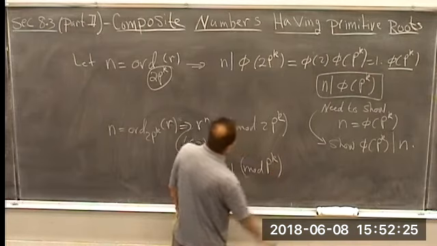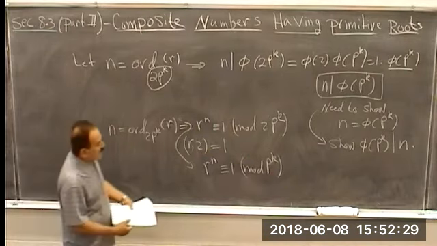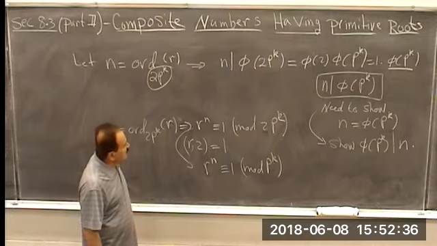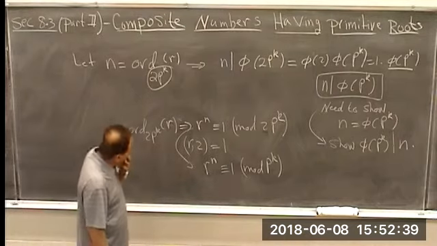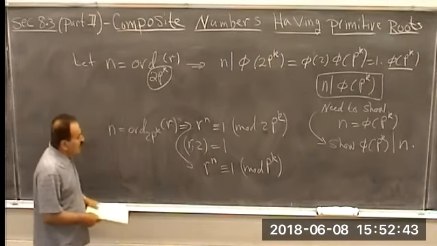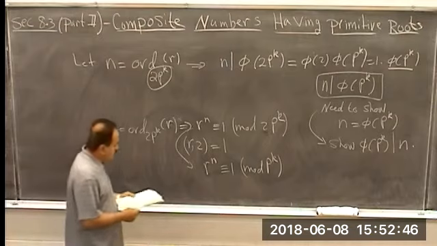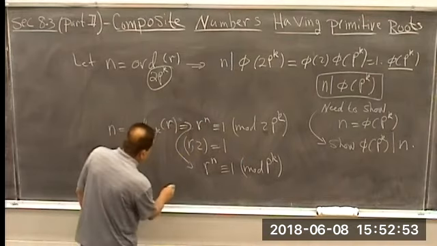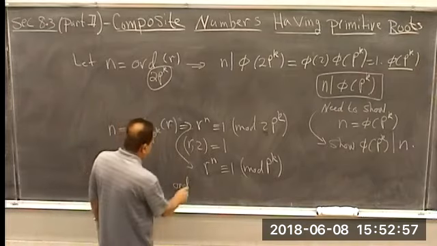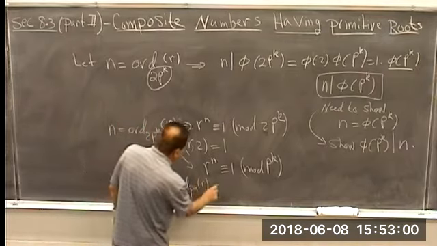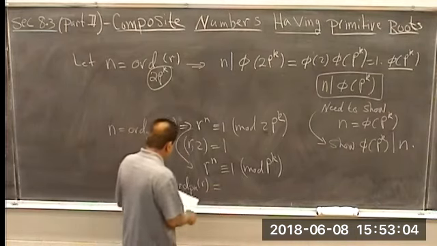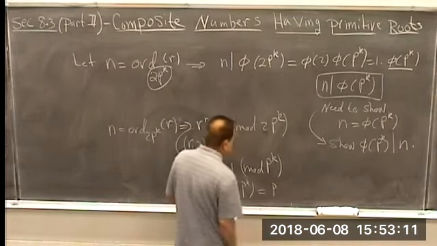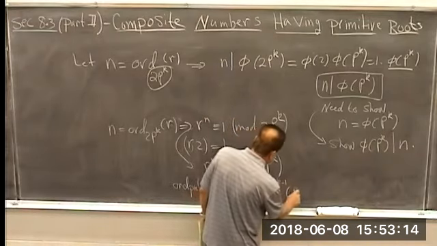All right. So now n is a multiple of the order of r mod p^k, and this means that we have the order of r mod p^k, because it's a primitive root, is equal to phi of p^k, and this is equal to p^(k-1) times (p minus 1).